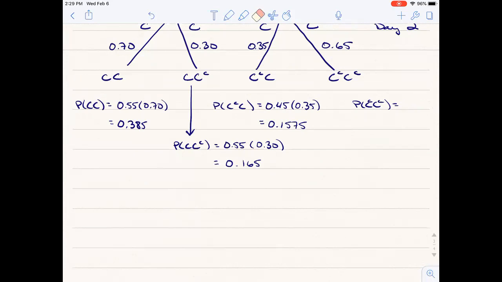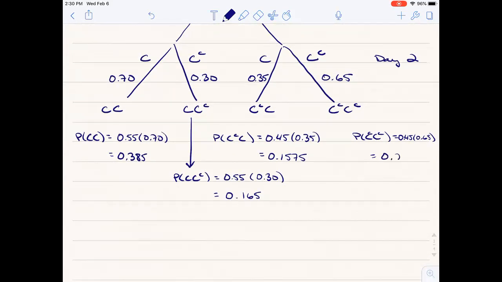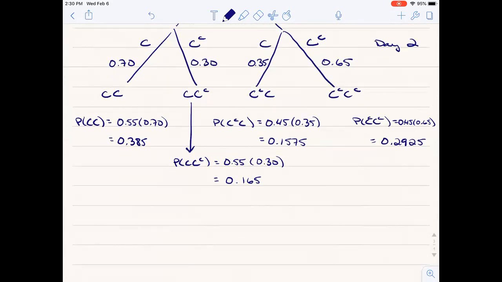Clean that up a bit. 0.45 times 0.65 is 0.2925. As a check, just to make sure that you've done all these probabilities right, these branches all have to add to 1, right?